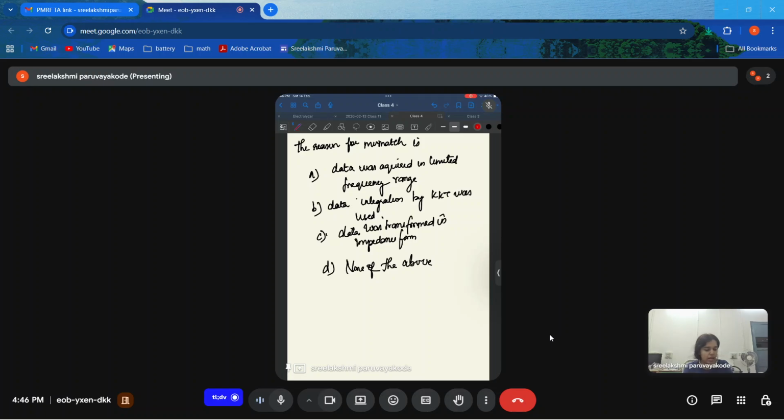So here, data was acquired in a limited frequency range. In that case, what should happen? There's only one correct answer among the options. If data was acquired only in a limited frequency range, then the KKT fit will be poor for that range, and the measured and experimental values will not meet each other.